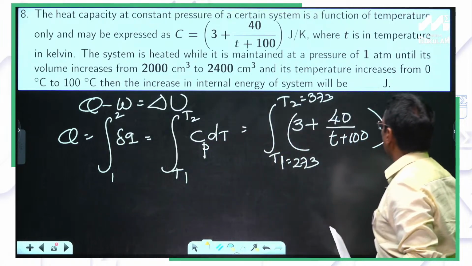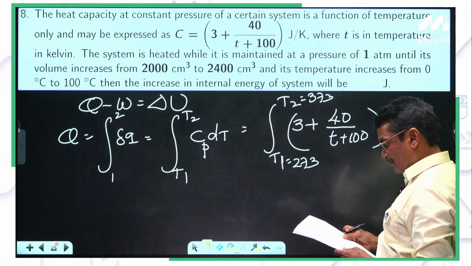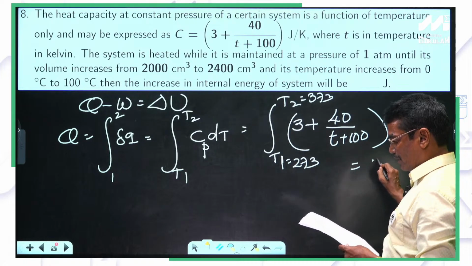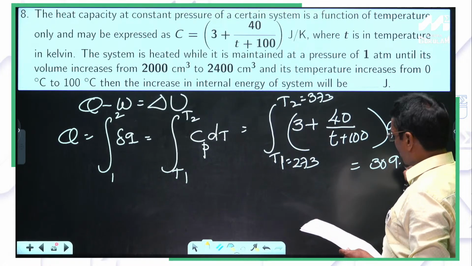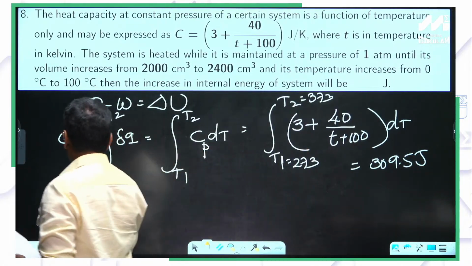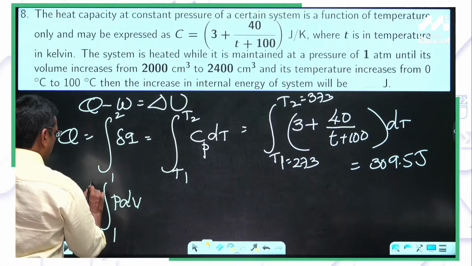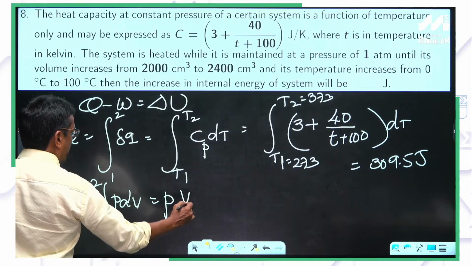Temperature is in Kelvin. Therefore, we have to calculate that Q will be 309.5 joules. Work done will be, because it is a constant pressure process, P into V2 minus V1.